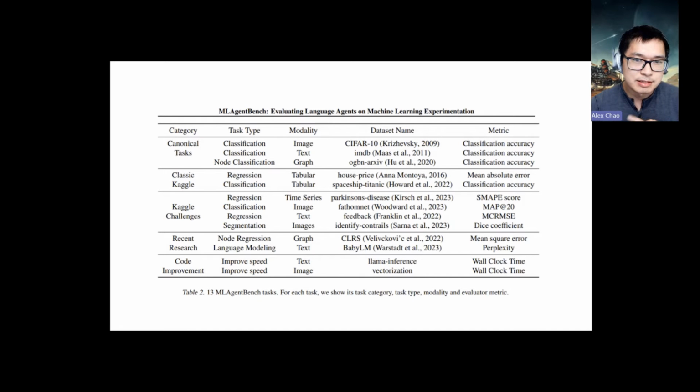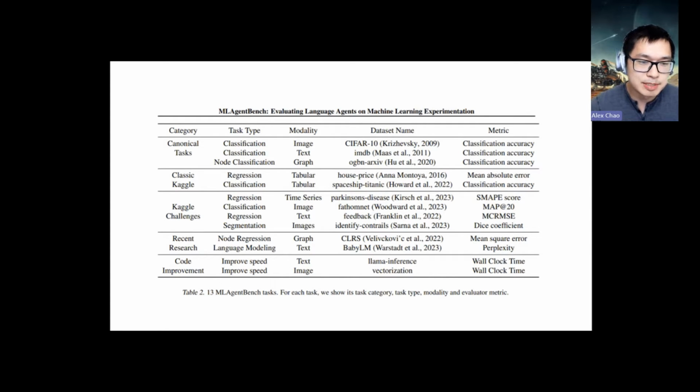If you've been in the ML space for a while, you'll recognize a lot of these, like image classification, text classification, even classical regression type problems. These are ones that if you've taken machine learning 101 in school, you've probably had to implement some of these algorithms.